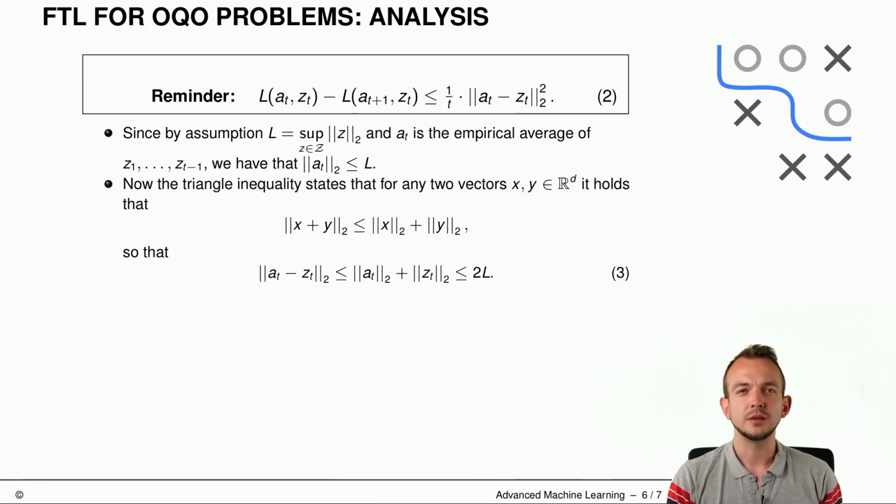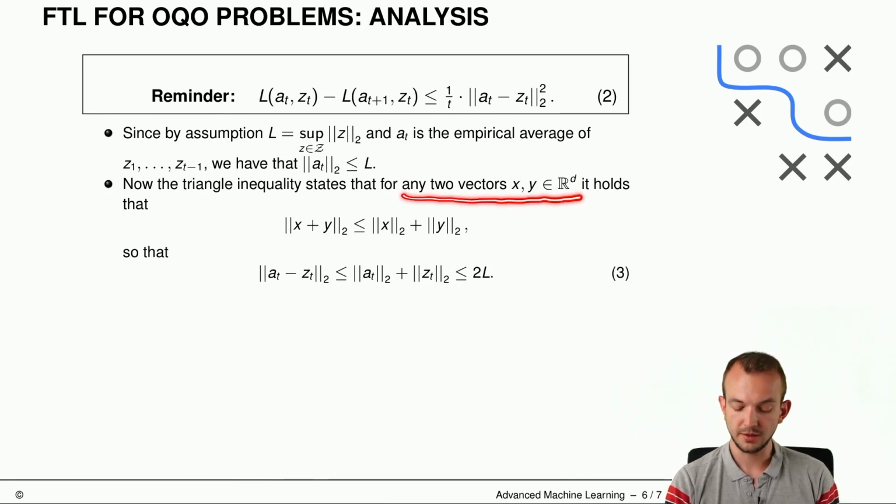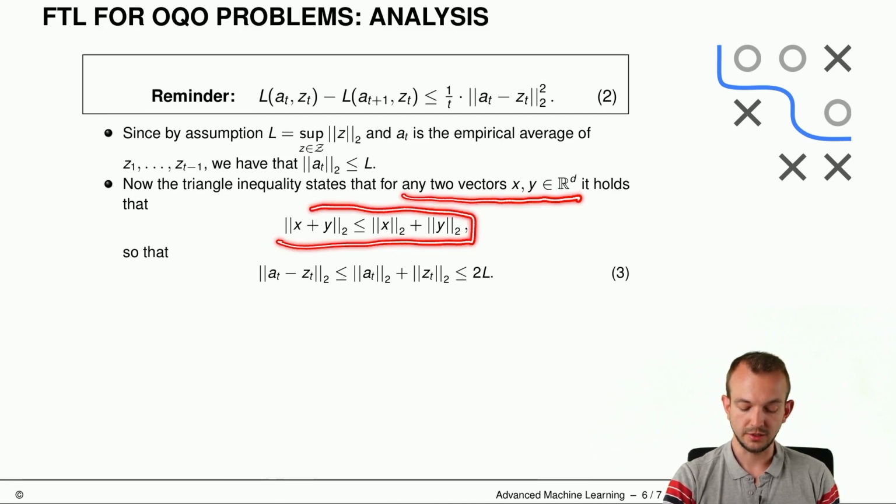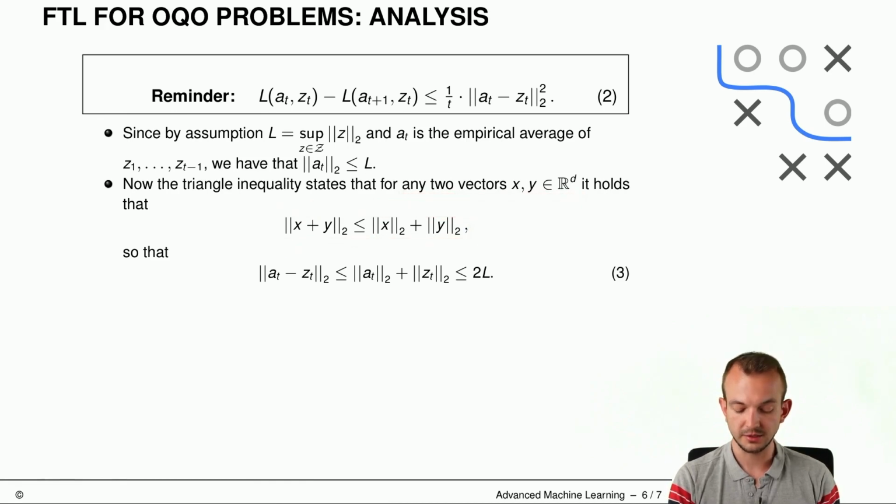Now we use the simple triangle inequality, which holds for any 2 vectors x and y, and which for convenience is restated here. So the Euclidean length of the sum of 2 vectors x plus y is always bounded from above by the sum of their Euclidean lengths respectively.